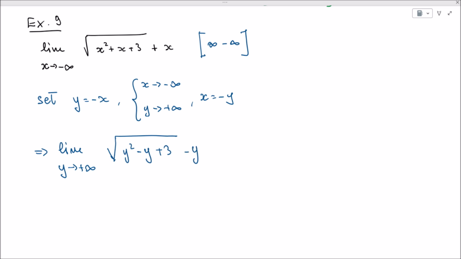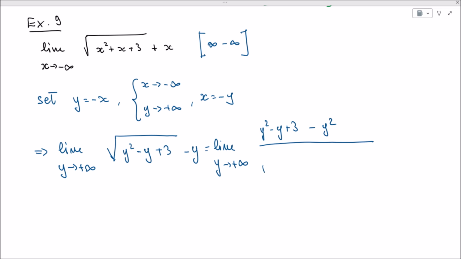Okay? And now we can do the rationalization. So we can rationalize this because this is exactly one of the examples that we gave before. So we know that this is the limit as y tends to plus infinity of, at the numerator, y squared minus y plus 3, and then we have minus y squared.